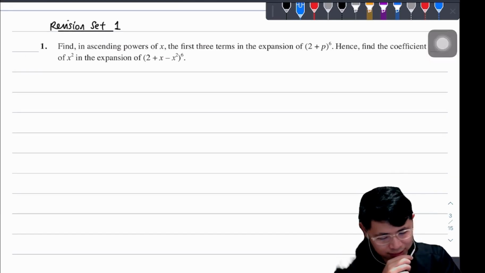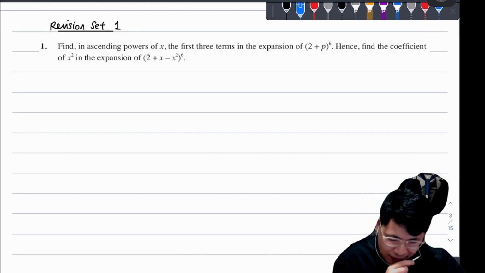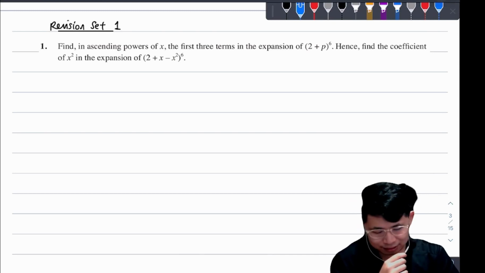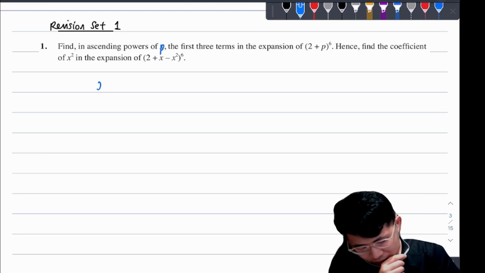Okay, revision set 1, question 1. Find in ascending powers of x, so that means more like ascending powers of p. Typo: the first three terms in the expansion of (2 + p)^6. When you do this, the first thing is please do not do this. This is completely wrong.